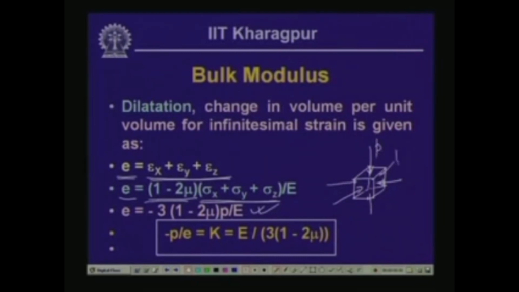Because of this, the state of stress sigma x plus sigma y plus sigma z is minus 3p. This gives us the expression for e, and thereby minus p by e, this quantity we call the bulk modulus, and the bulk modulus value is equal to E divided by 3 into (1 minus twice mu).